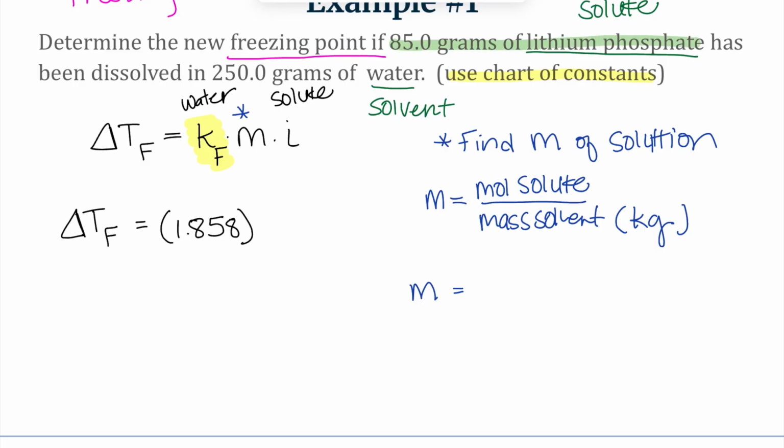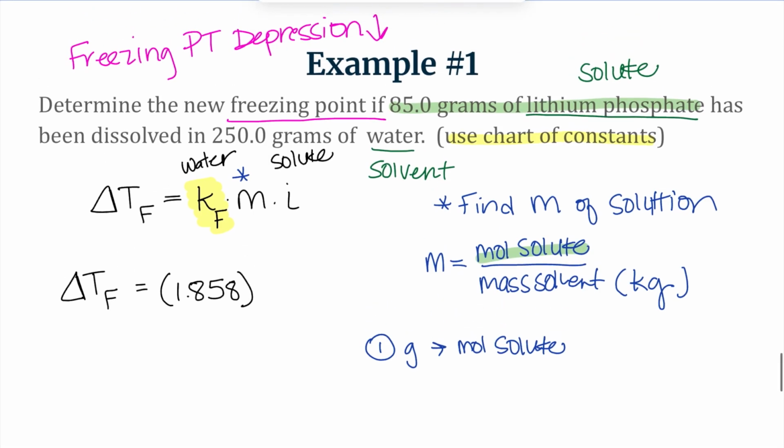I need to find how many moles that is. Before I can even use this formula, I need to first do grams of lithium phosphate to moles of my solute, which means we need to know what the molar mass is.